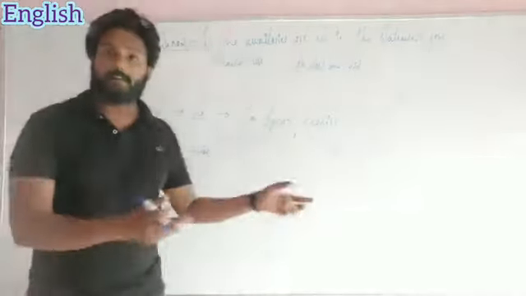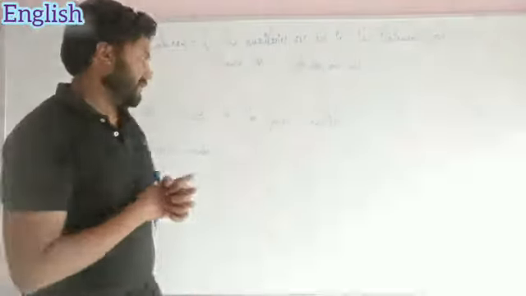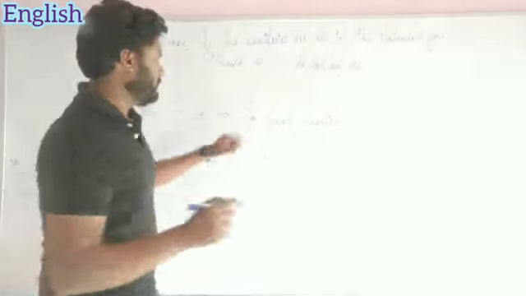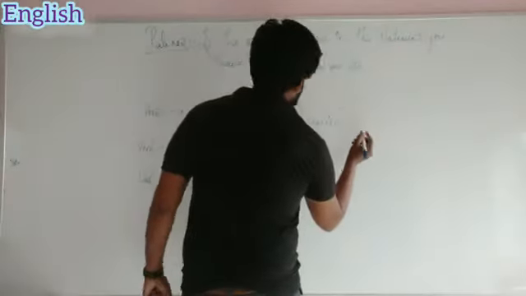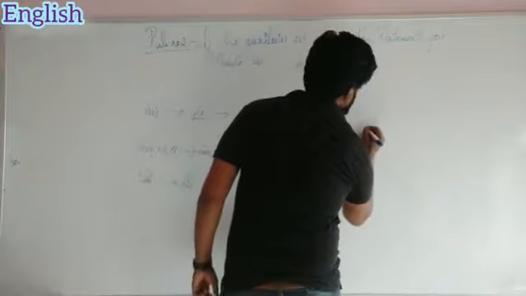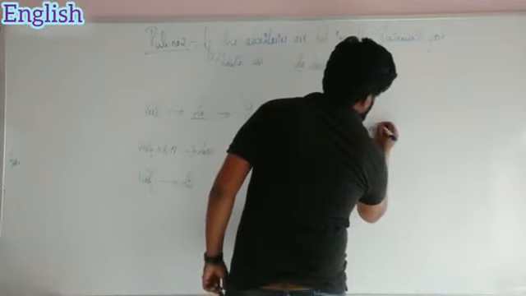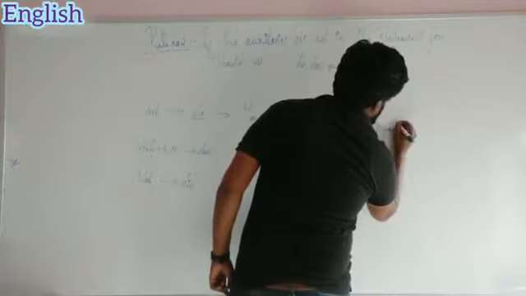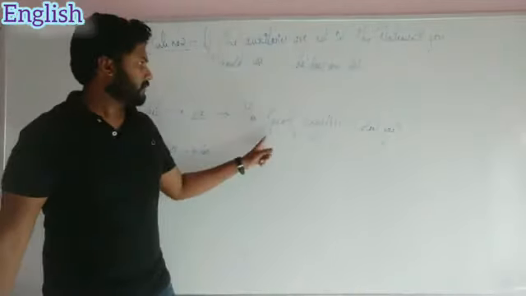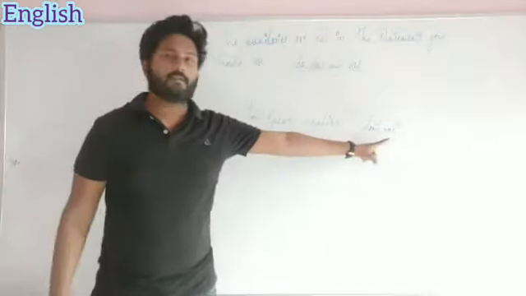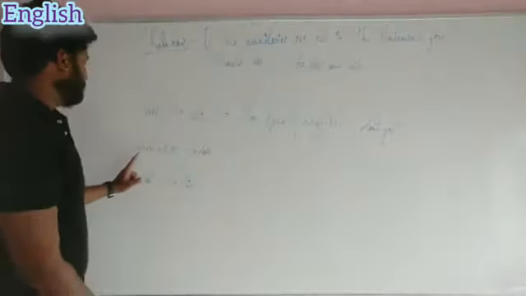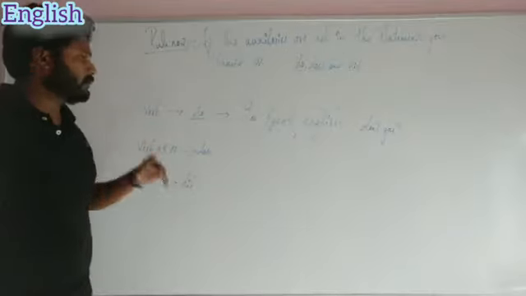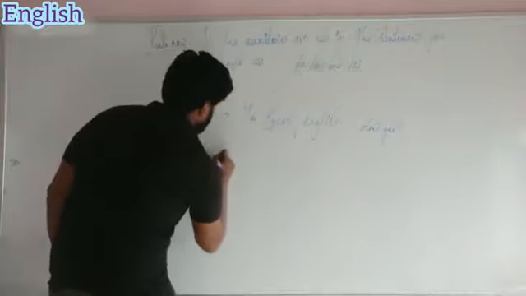As I said in the video, if the statement is positive, the tag should be negative. So do plus not: don't you. Yes, see, do plus not, don't you. And next one, if the verb is in the first form with s or es, you should use does.